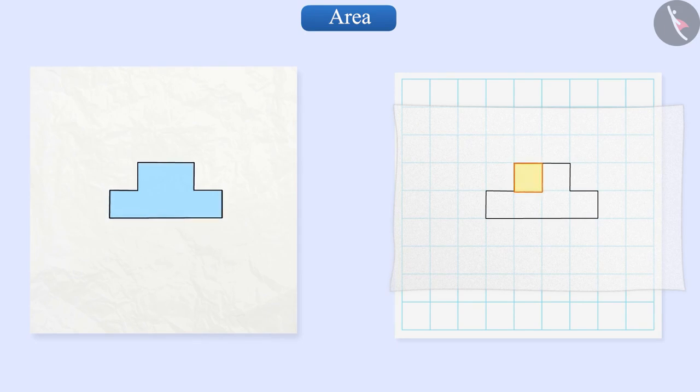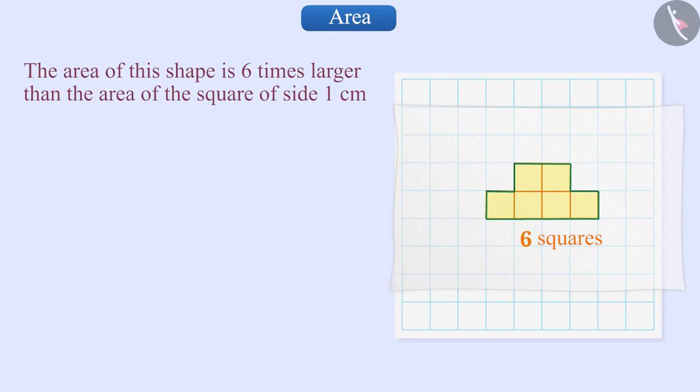Now, we will find out how many squares with side 1 centimeter are covering the area of this shape. Here, we see that a total of 6 squares are covering the entire area of this figure. Therefore, we can say that the area of this shape is 6 times larger than the area of the square of side 1 centimeter.